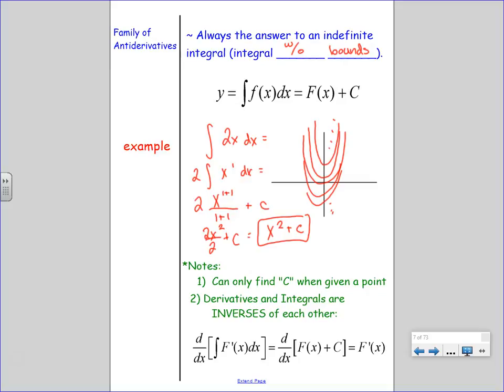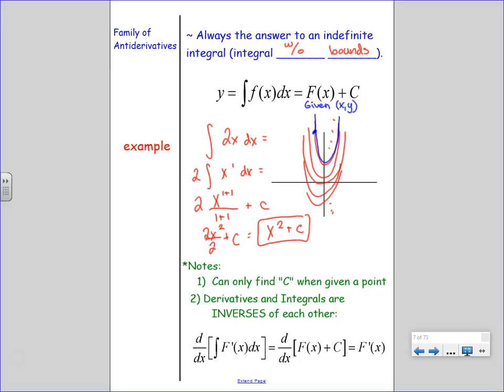And that's why I said if they give you a particular point, that's going to limit you to which particular function they're talking about. But in order to be able to limit it to one answer instead of the infinitely many, you're going to have to be given some sort of x, y, which you could use to go ahead and plug in. There's the x, this is all equal to y, and find the c.